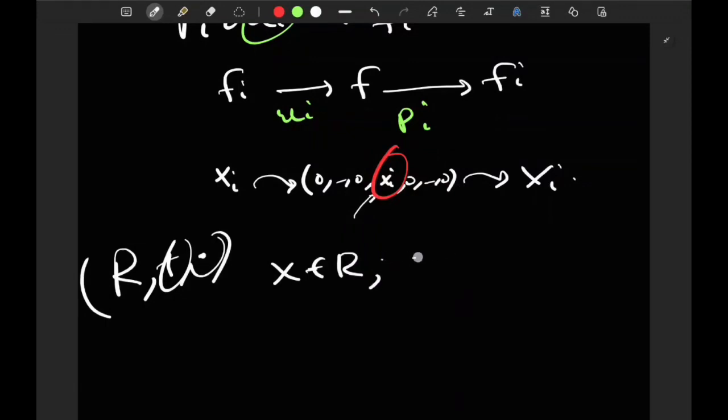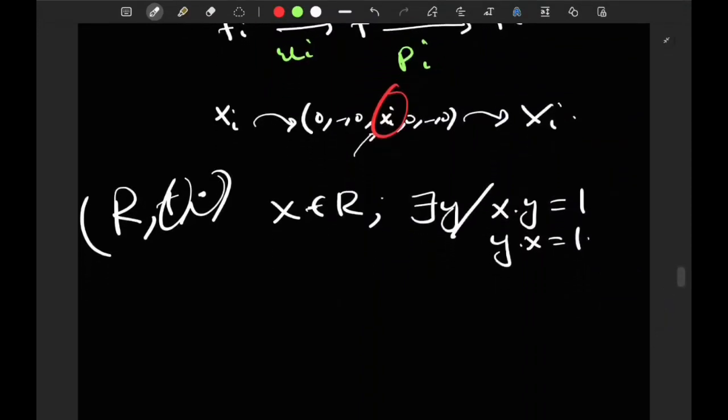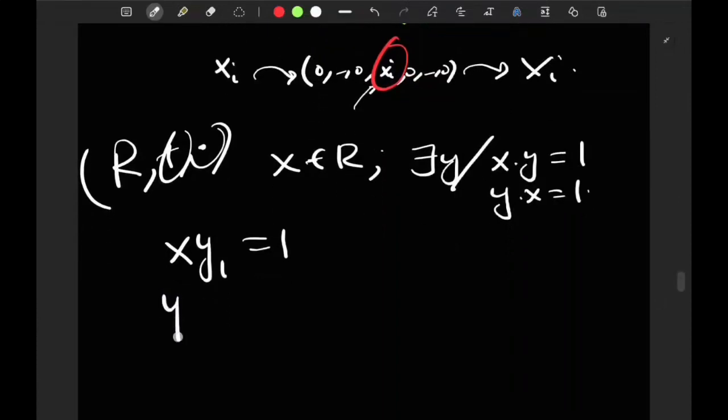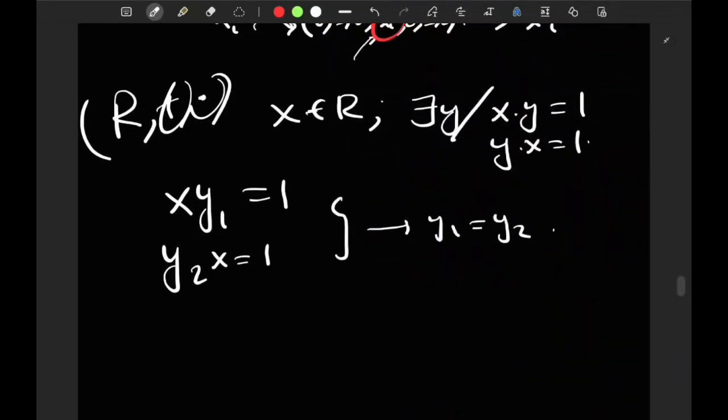So it's not generally true that there exists a y such that x dot y is equal to 1 and y dot x is equal to 1. But furthermore, of course, when a certain element of a ring, so let's say x, has a right inverse, say y1, and has a left inverse, say y2, then y2 is the same as y1, and then x is just invertible.